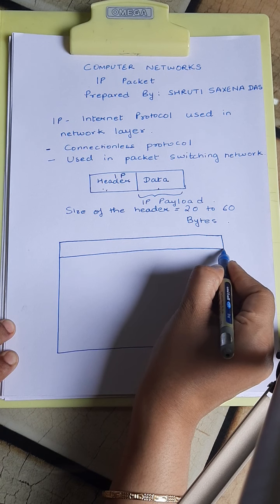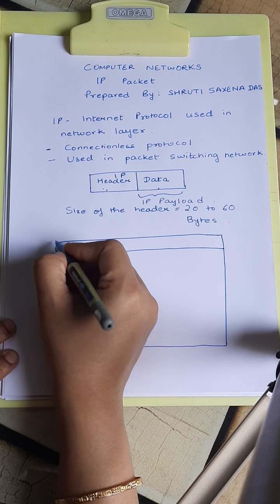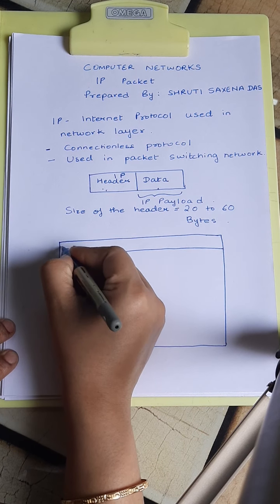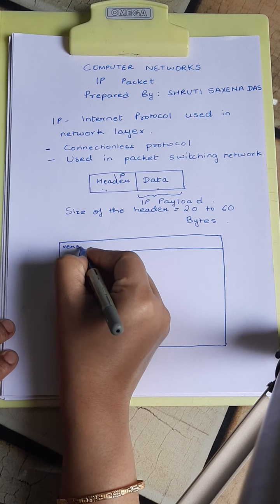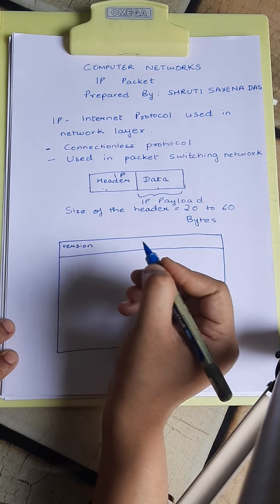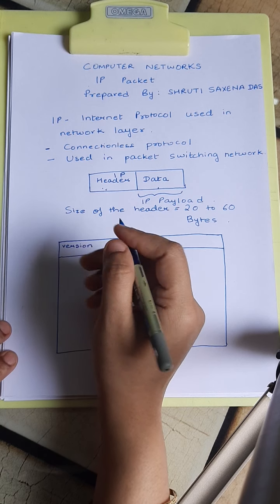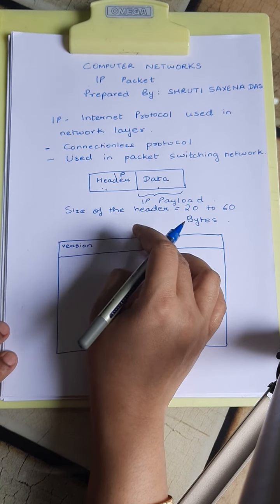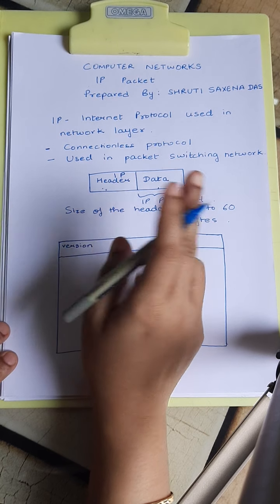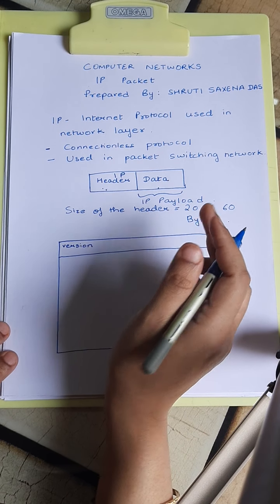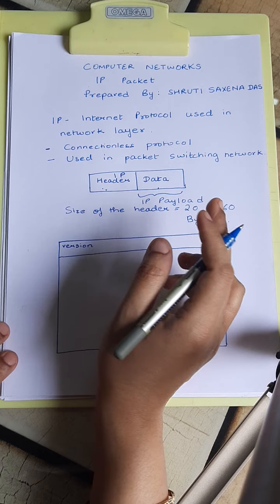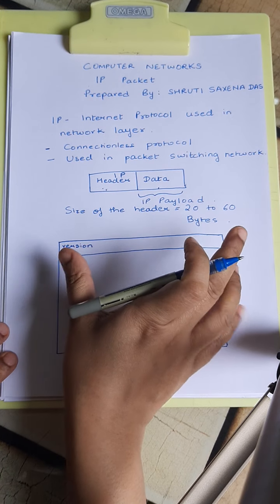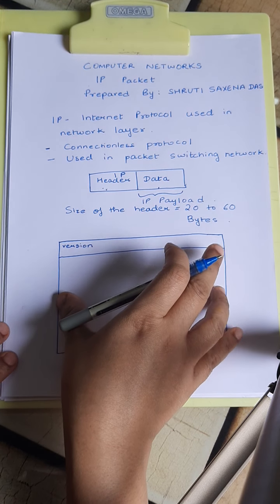Each of these rows is of 32 bits. The first information stored is the version. Version means which IP version you are using; in this case we are discussing IPv4. We have two versions, IPv4 and IPv6. IPv4 uses 32-bit addressing, that's why we are using each row of 32 bits.